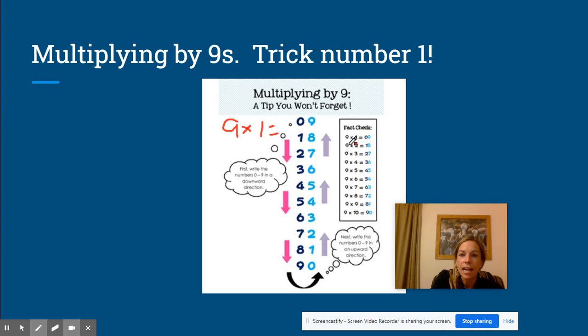Next one, 9 times 2, I just go to my second row, my second group of 9. A 1 in the tens place, an 8 in the ones place, and you would keep following that strategy all the way down to the end. Amazing. So let's keep on trucking. That's trick number 1. Are you ready for trick number 2?